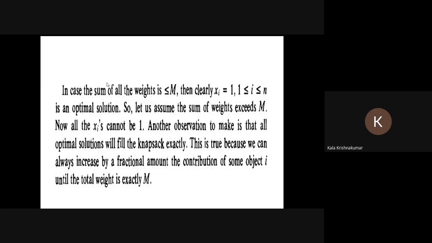In case the sum of all the weights is less than or equal to m, then clearly xi is equal to 1. Suppose you have n objects again, and the sum of all these weights is less than or equal to m.